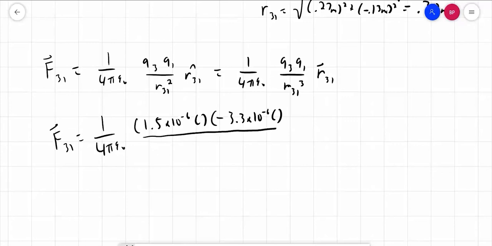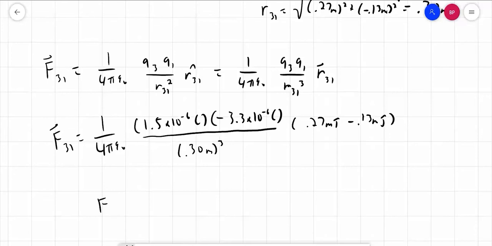Well, we just calculated the distance was 0.30 meters. And then now we multiply by the whole vector here. All right, well, we found the vector was 0.27 meters in the x direction and negative 0.13 meters in the y direction.